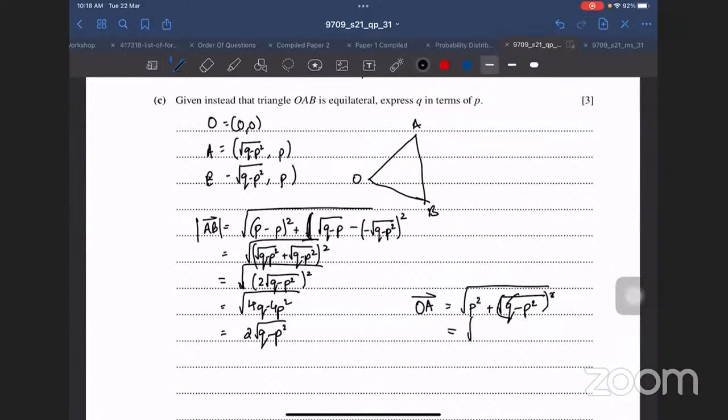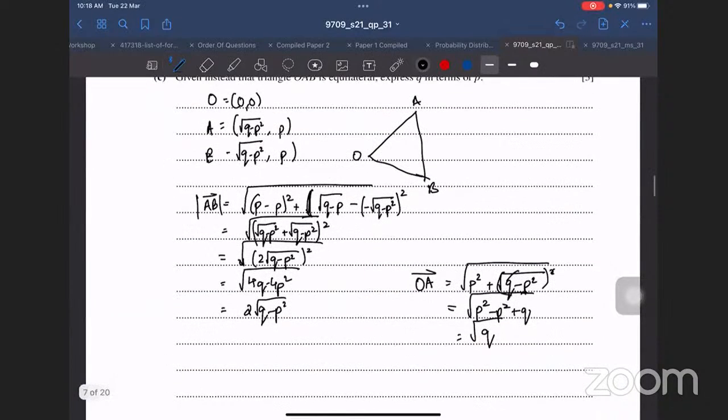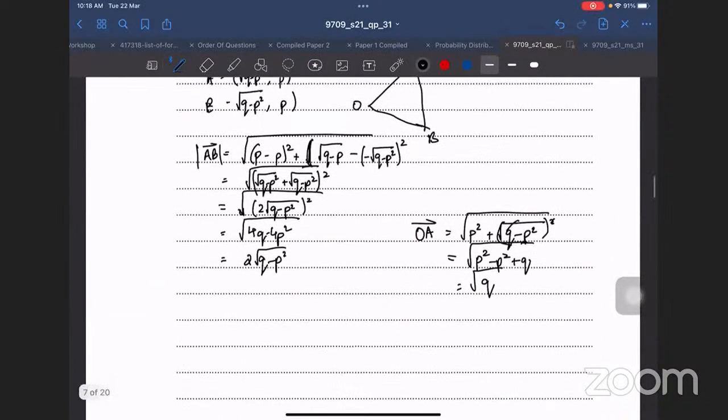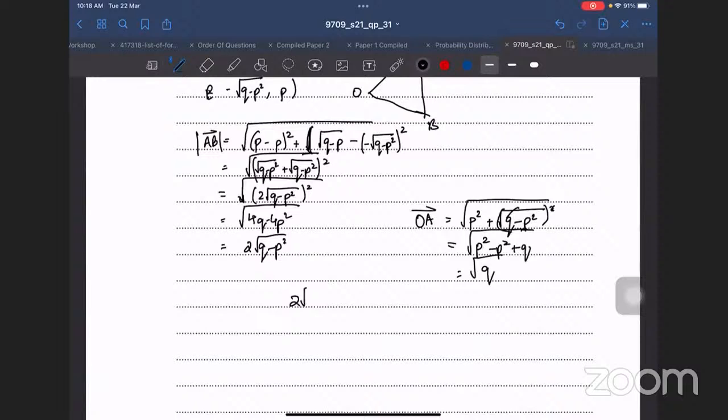That gives me p square minus p square plus q, which gives me root of q. So 2 root of q minus p square equals root of q.